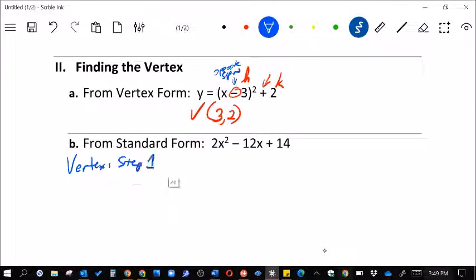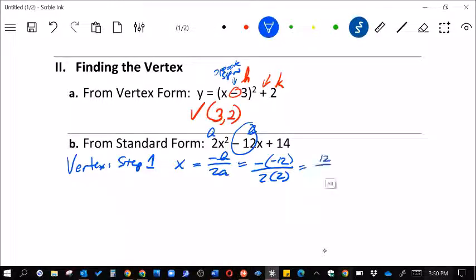Step 1, the x of the vertex is equal to negative b over 2a. So since this is b, negative negative 12 over 2 times 2, and a is here. Notice c is not part of it. We only need a and b. So what we get here is a positive 12 over 4, which is equal to 3.